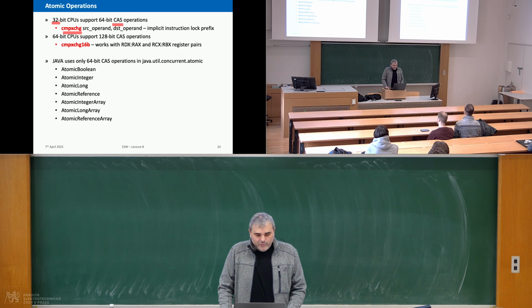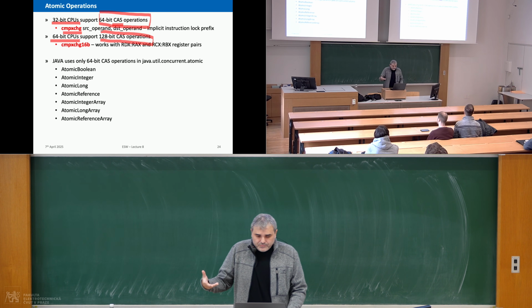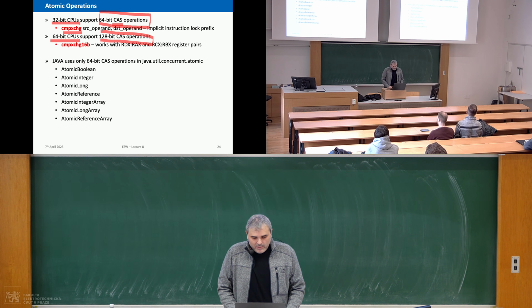By default, 32-bit hardware CPUs support this compare and exchange, compare and set instruction, of a 64-bit operation. 64-bit CPUs support compare and set on 128-bit values, so it's always 2 times bigger, working with some register pairs, for example, and larger memory areas.